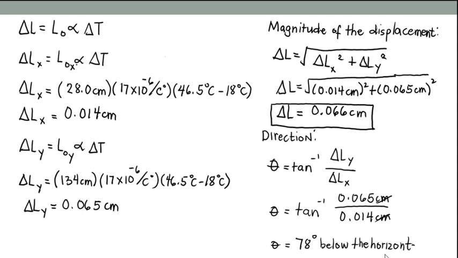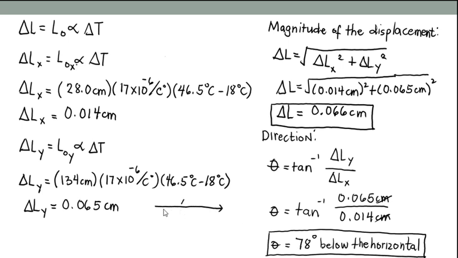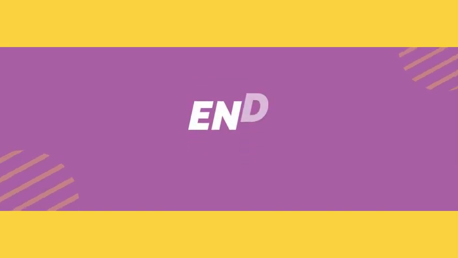Computing for our angle, we have the direction as 78 degrees below the horizontal. If we would like to figure this out, this is our change in length along the horizontal, this is the change in length along the vertical, and this is our delta L. So 78 degrees is our direction for our delta L. You may now proceed in answering the assigned problem to your class.